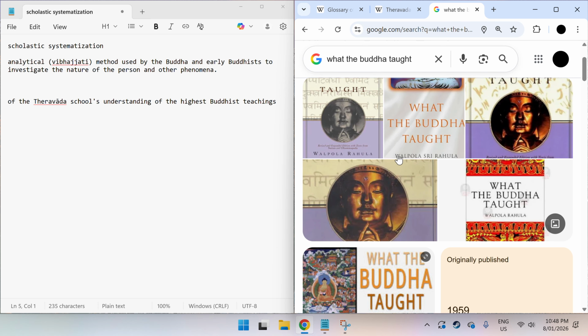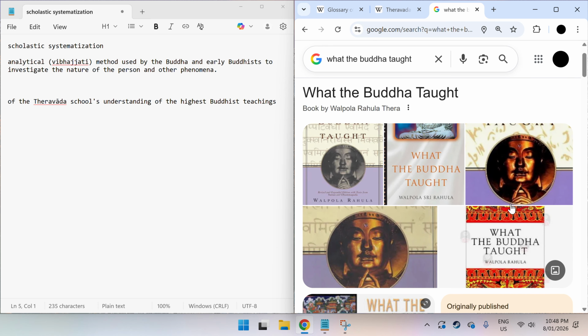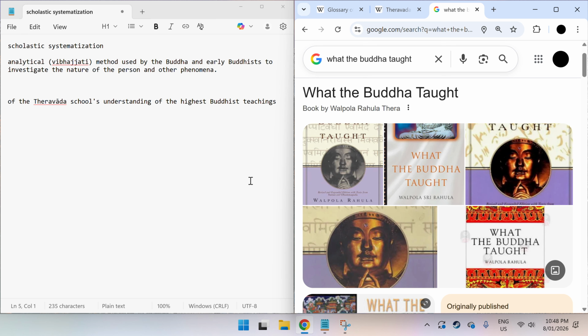So this is a brilliant book, and what it left me with was this understanding of the Buddha as someone who was trying to understand the world, a little bit like a scientist.